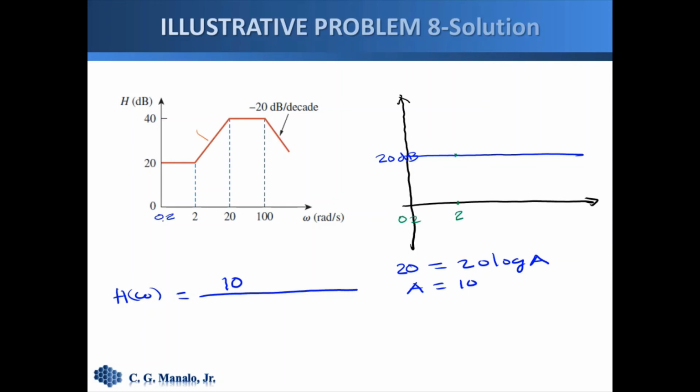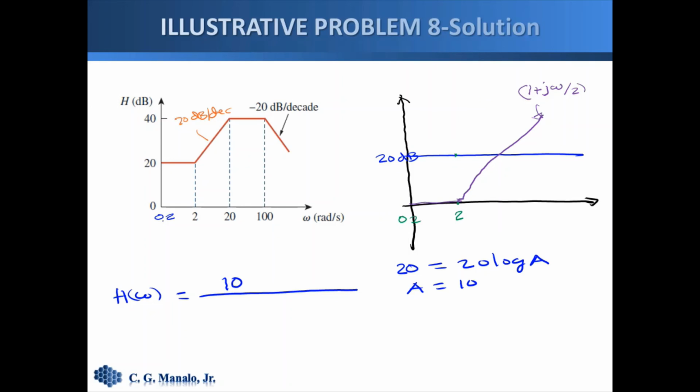So take note, this is 20 dB per decade. That can only be accomplished by a simple zero, a simple zero that is like this. So this one is 1 plus j omega over 2.